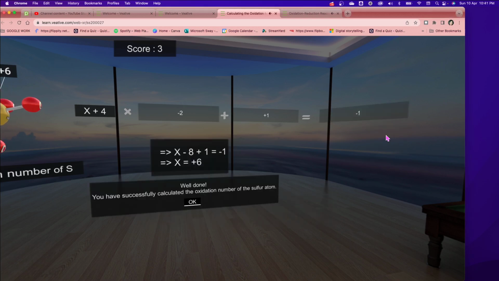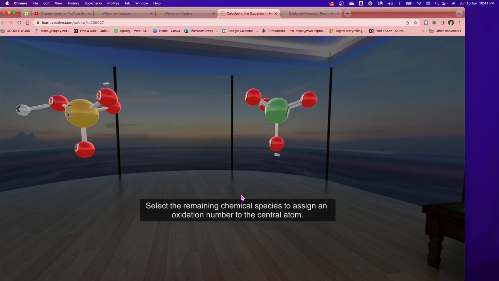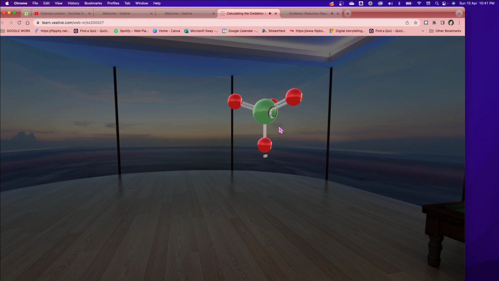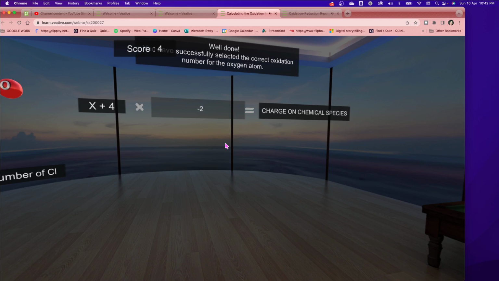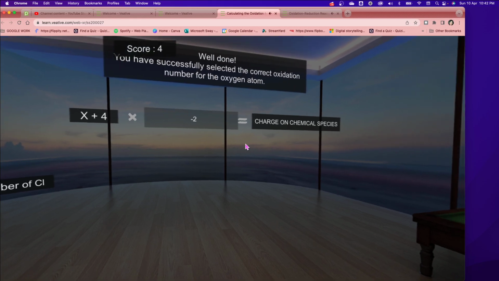Well done! You have successfully calculated the oxidation number. Select the remaining chemical species to assign an oxidation number. Select oxidation number of oxygen to select the correct oxidation number. Well done! You have successfully selected the correct oxidation number for the oxygen atom.